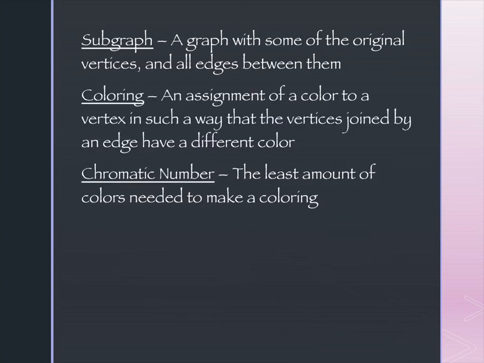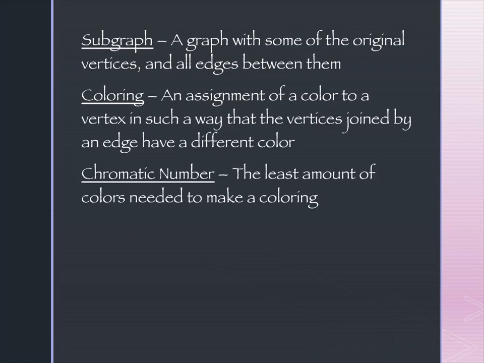Okay. A subgraph. A subgraph is a graph that contains some of the original vertices and all of the edges that were connected between them before. A coloring is a little different than what we were doing before when we were coloring.